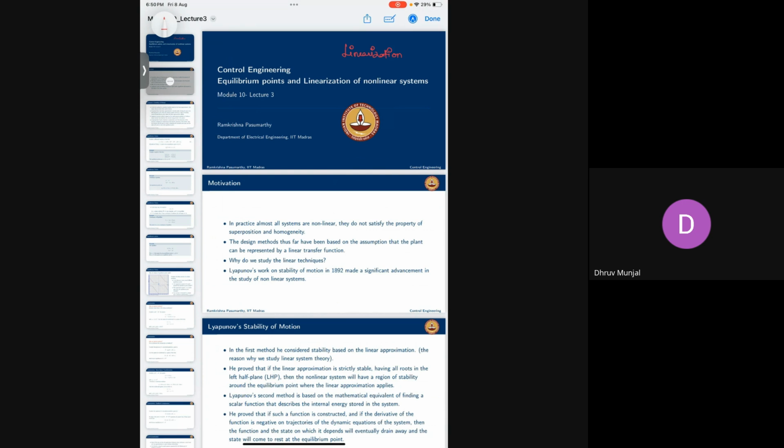So representing a nonlinear system in terms of a linear approximation would serve the purpose. It won't be exactly 100%, but you can mimic at least 95 to 96% of the system's behavior as a linear approximation of a nonlinear system. For small nonlinearities, this would be good.